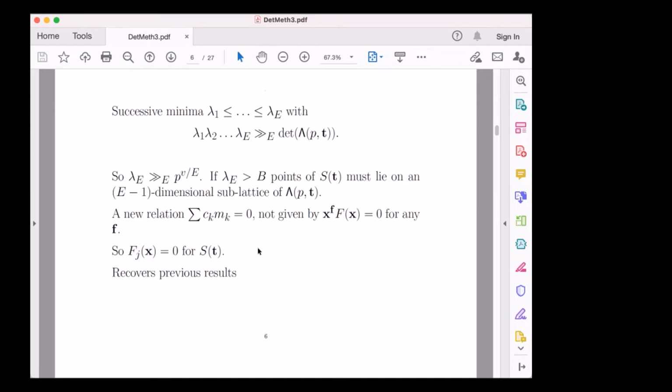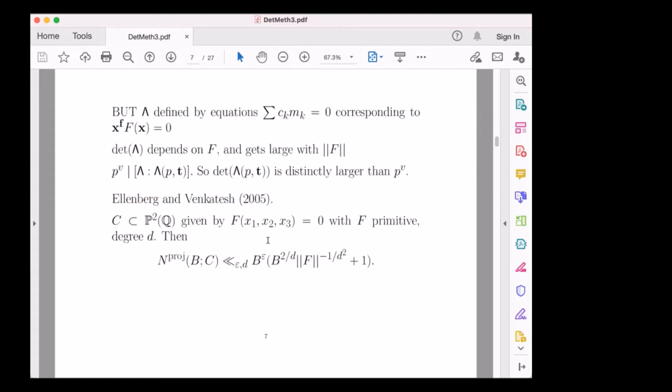Now, I've skipped over a lot of details there, but what happens is that you recover the previous results without having to use this artificial device of restricting the monomials that you use. And it's framed in terms of lattices.